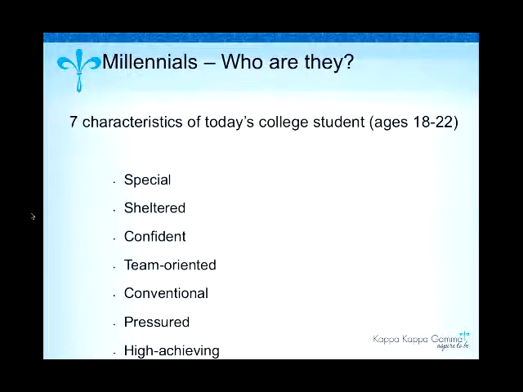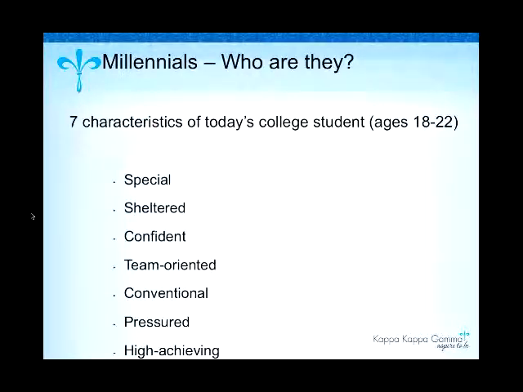These students believe they are special. They come from smaller families. The average family size, I think, is 1.7 children per family, and so they have received greater attention. Parents have carted them from activity to activity throughout their childhood and thus far in their life.